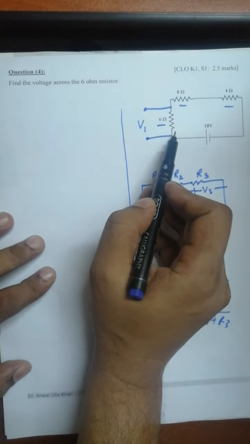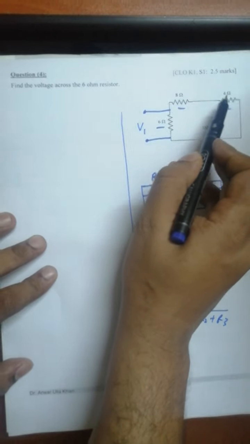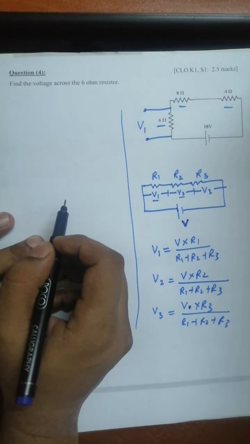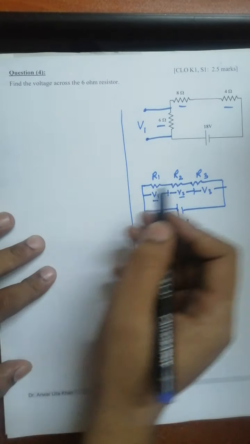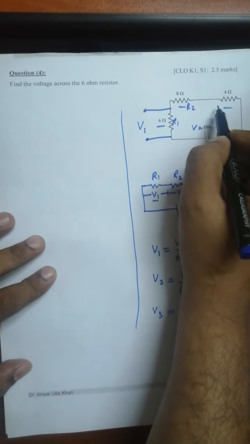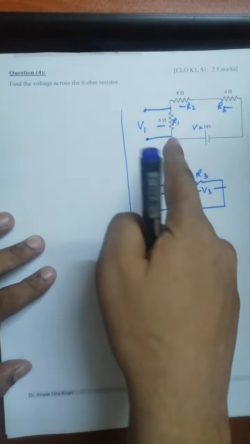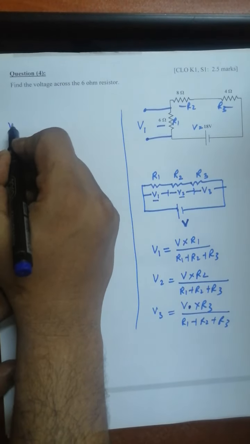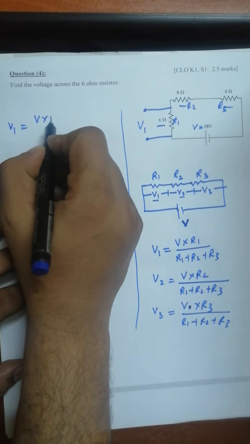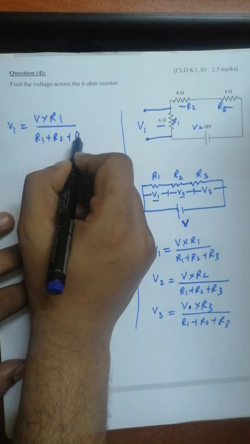Here you can see that 3 resistors are connected in parallel. This is 6, this is 8, this is 4, and this is your V. According to this rule, this is R1, this is R2, and this is R3. So what will be V1? V1 is equal to V multiplied by R1 divided by R1 plus R2 plus R3.